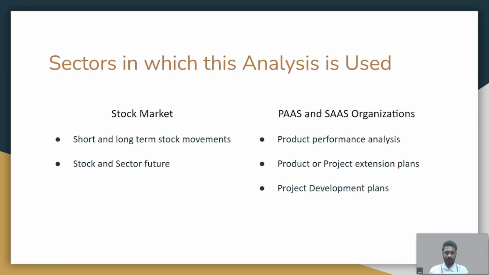So, stock and sector future. A stock's future can also depend on the sector's future. Sectors are, let's say, oil and gas, automobiles, railways, or logistics, or transportation for railways, and so on.